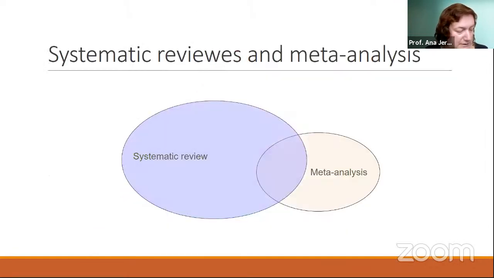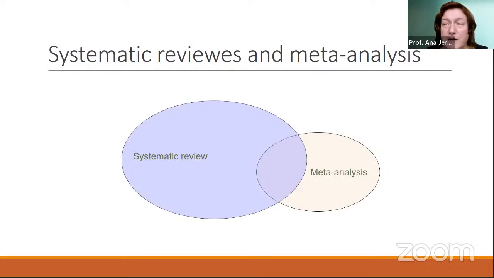Another concept that needs to be clarified is that we often hear about papers with meta-analysis. Meta-analysis is just a statistical tool that we can use to summarize results from different studies. However, if meta-analysis is done without systematic collection of studies, then it is not the source of paper which we can use in evidence management.